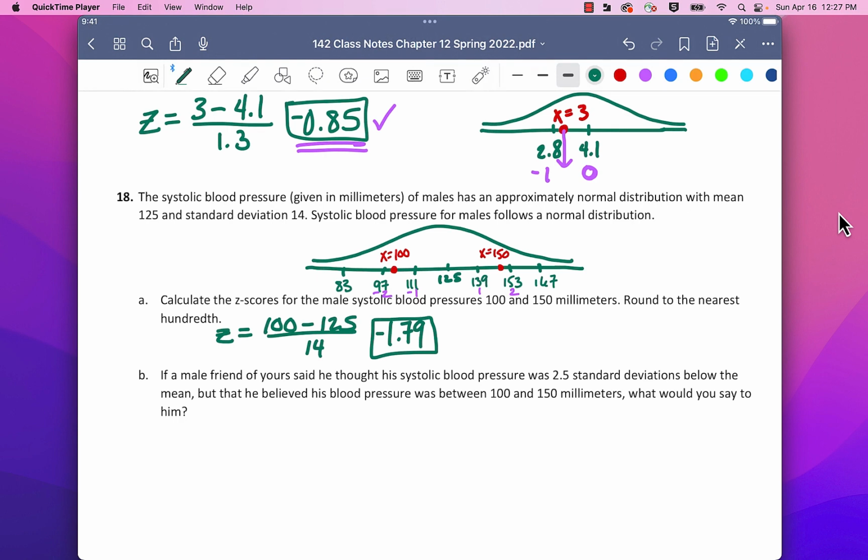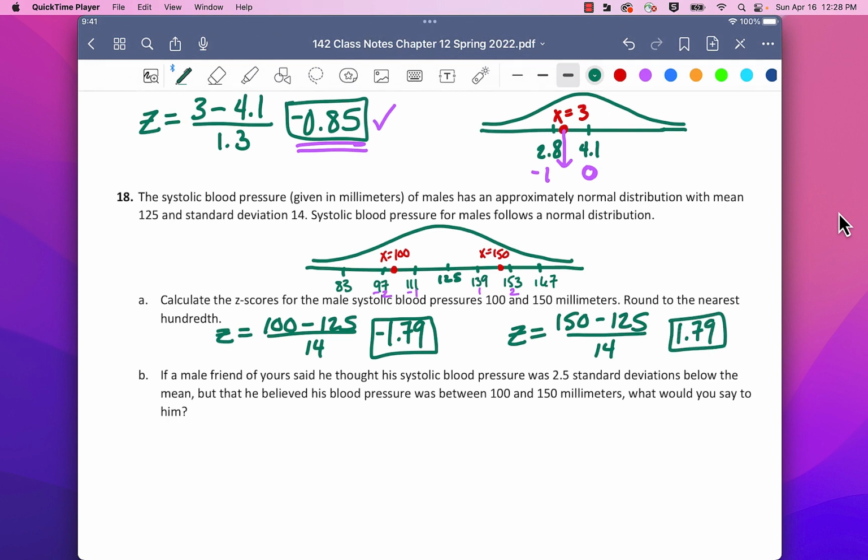If you want to practice with your calculator, you can always pause on any of these calculations. I have my answers already written down and ready to go, so I'm not having to work through the calculator work, but you should definitely make sure that you're getting the same answers. Next, we're doing 150. The z-score is 150 minus 125 divided by 14, and that gives us positive 1.79.